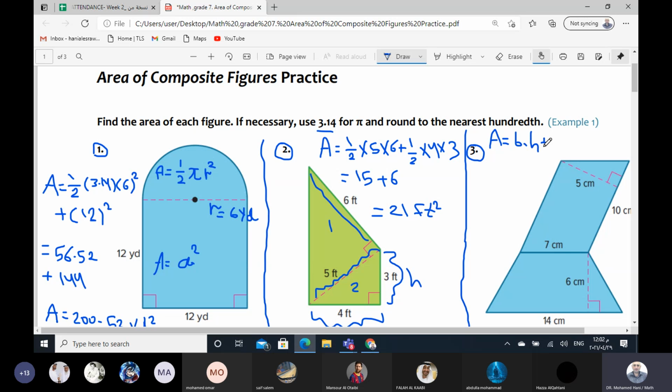Plus, we have here the area of the trapezoid.